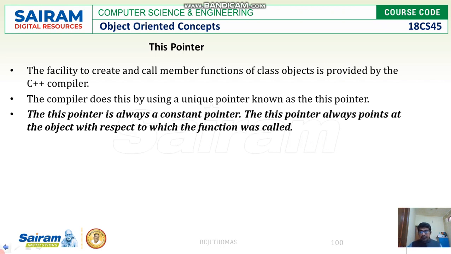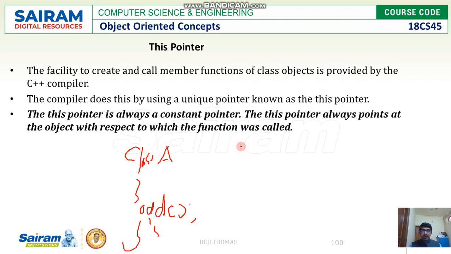Think that you have a class called A. Let me write it here. I'll just write class A, not writing it completely. Inside this, you have a function called add. I'll just write in brief. So this is the class.